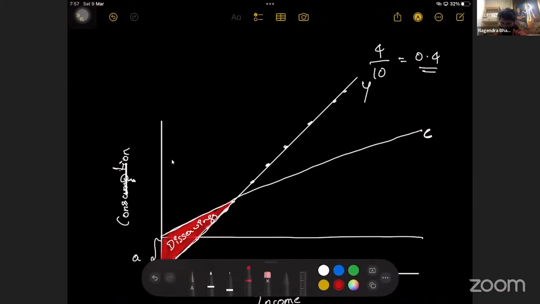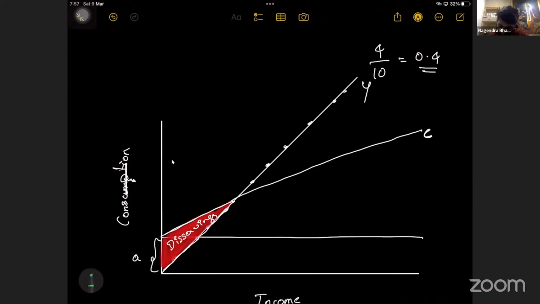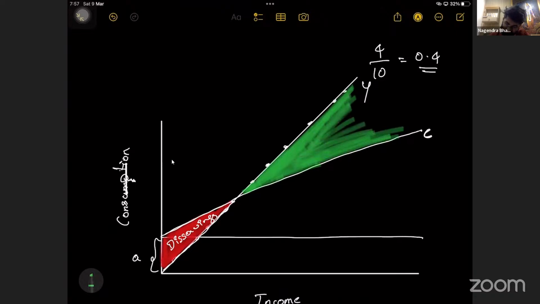Okay, sir. Understood. Now, what is this gap? This gap is the savings gap. Remember, this gap is the savings gap. So this is savings, and there we discussed dissavings and this one is savings.